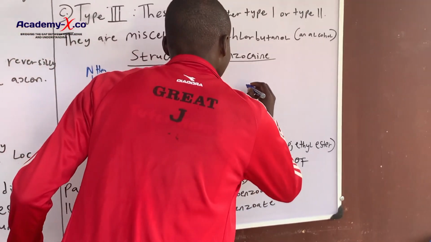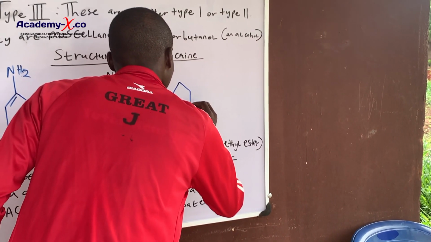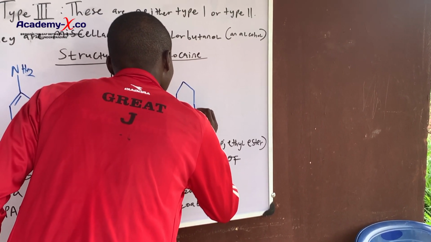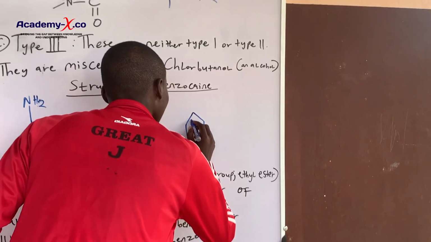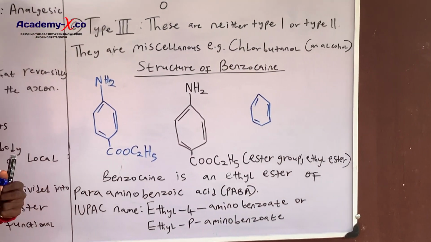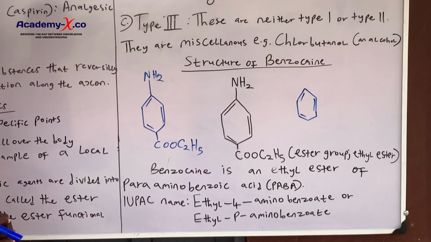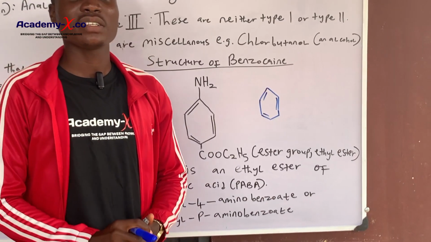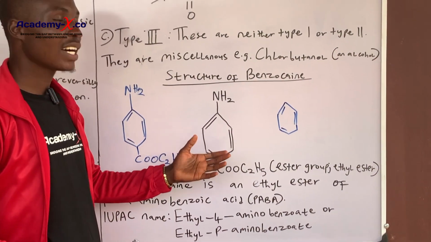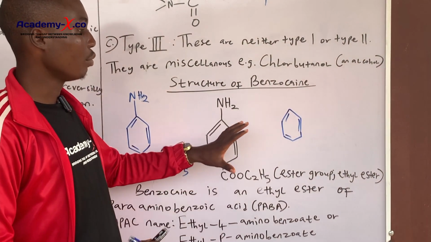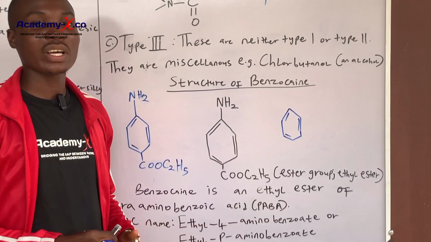So I'm going to draw the benzene ring again. Yes, and this is the benzene ring. And in the benzene ring, when you have 2 substituents on the benzene ring, their relationship can either be ortho, it can be meta, or it can be para.